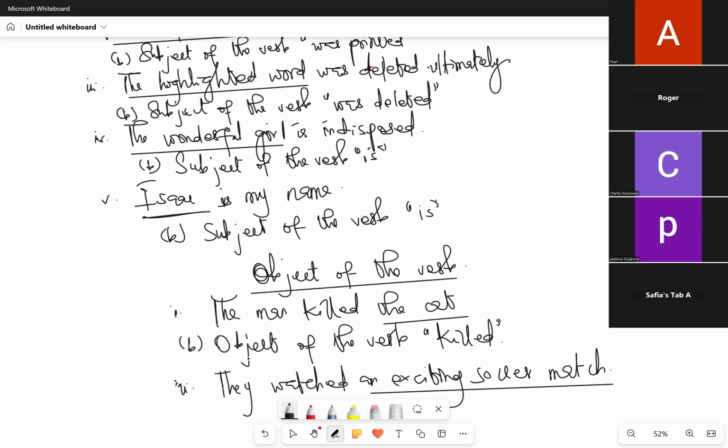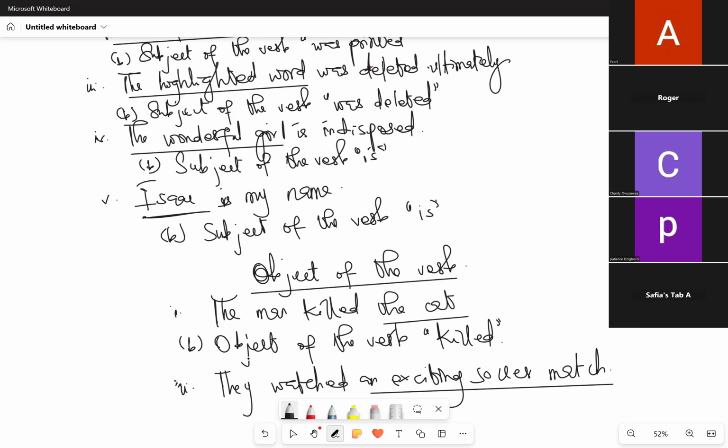All right, so what will be the function? The underlying word starts from an exciting. It starts from an. Sir, please, subject of the verb was. Yeah, what's that? Subject. What did you say? Object of the verb watch.